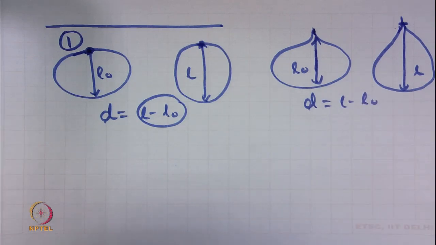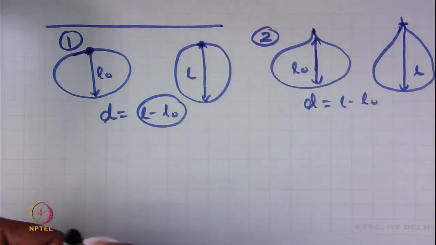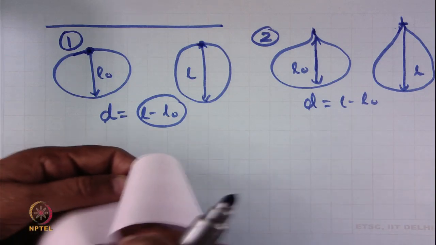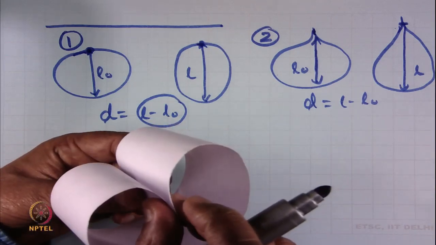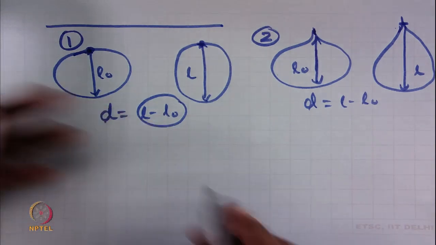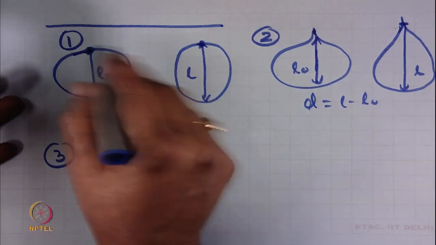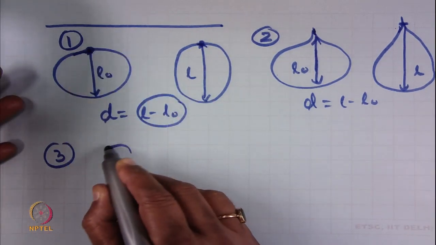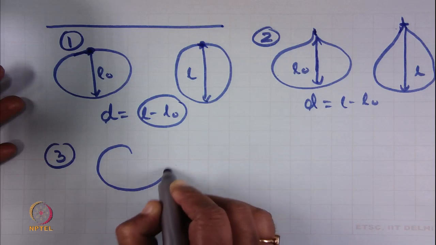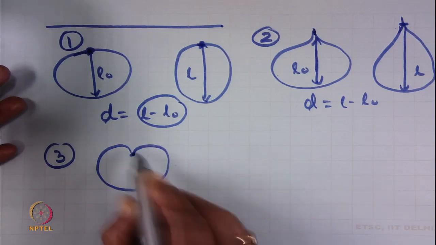Similarly, the third type of loop is called the heart loop, it forms like a heart shape. This is the heart loop. Now, here the strip we are forming just like a heart, and we are gripping here.